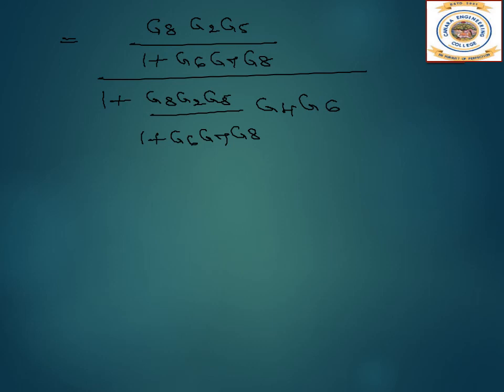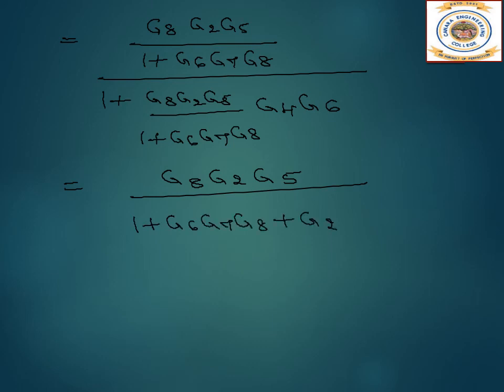Okay. So now after simplification we get this as G8, G2, G5 divided by 1 plus G6, G7, G8 plus G2, G4, G5, G6, G8. Okay, so this is what we get.